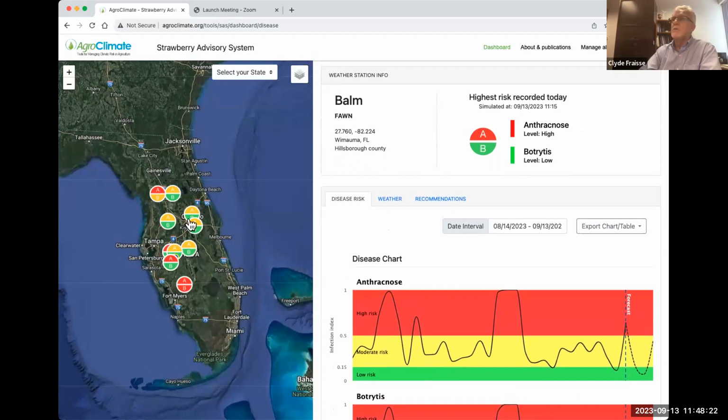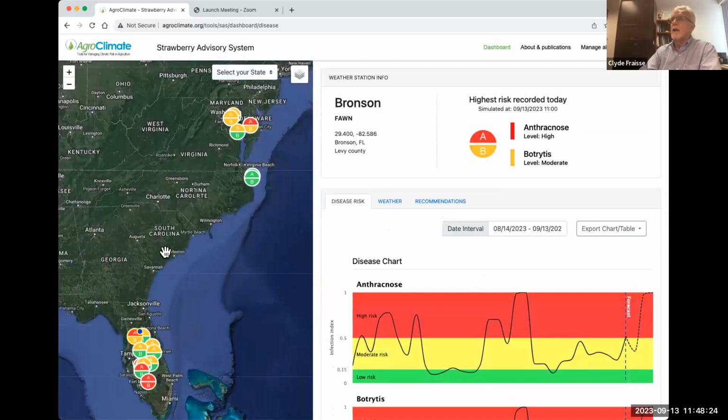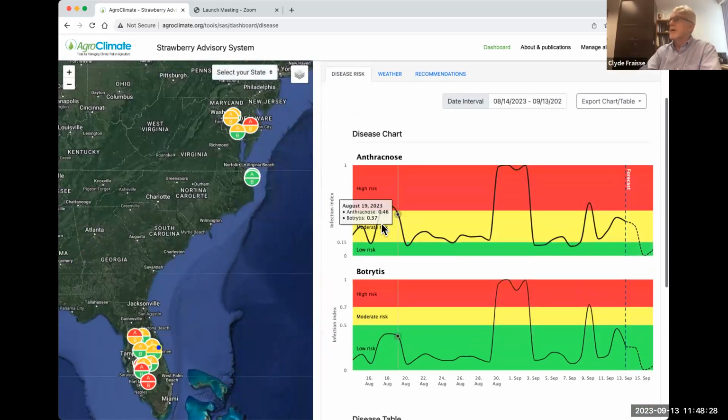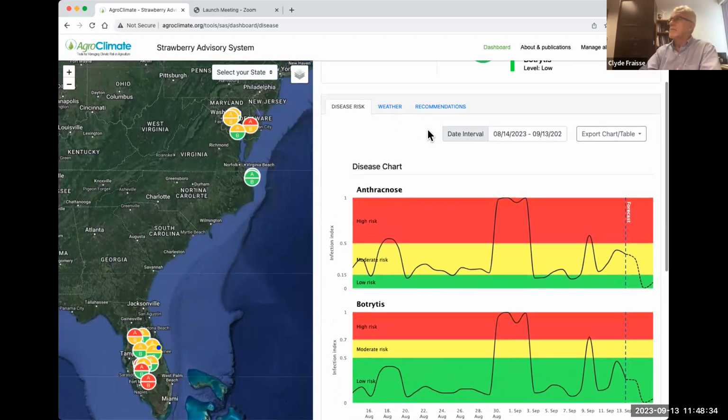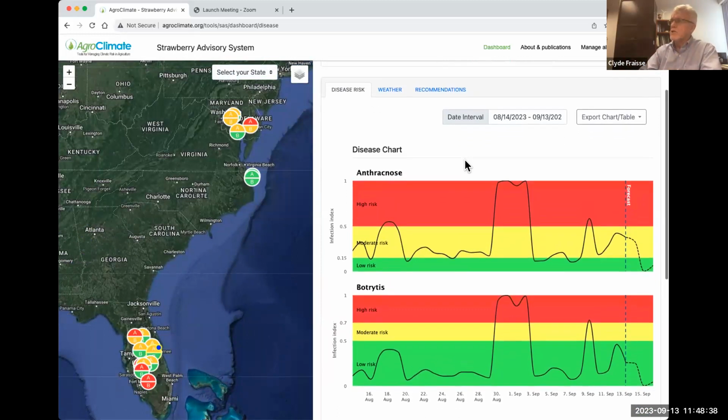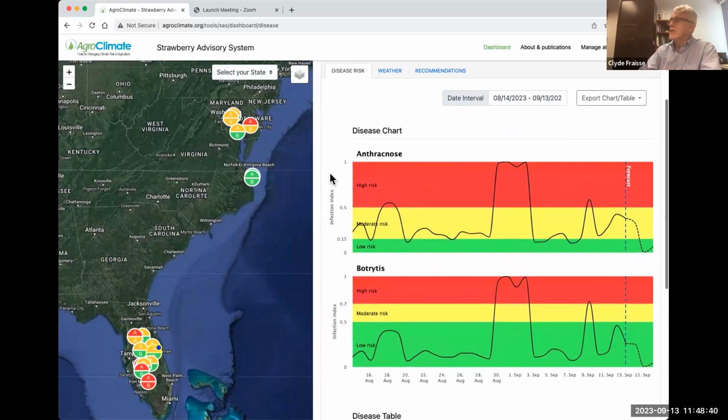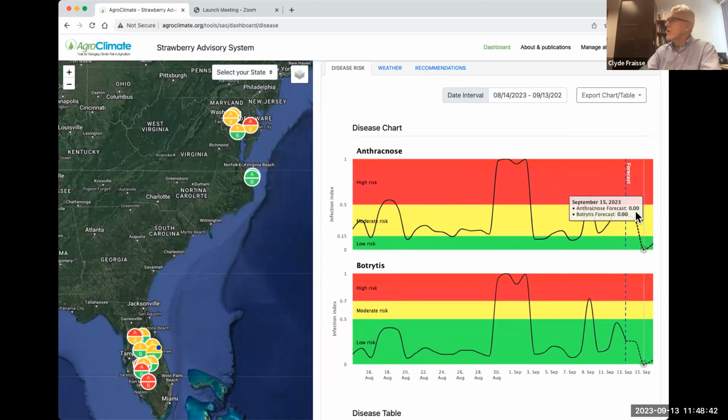This is for Balm. If I want to look at Bronson or another station, the Popka, you would have this evolution during the last 30 days, but you can choose different. If you want to go back, like I mentioned, if I want to see last year, you would be able to see that. We also provide a forecast of the risk for the next 48 hours.